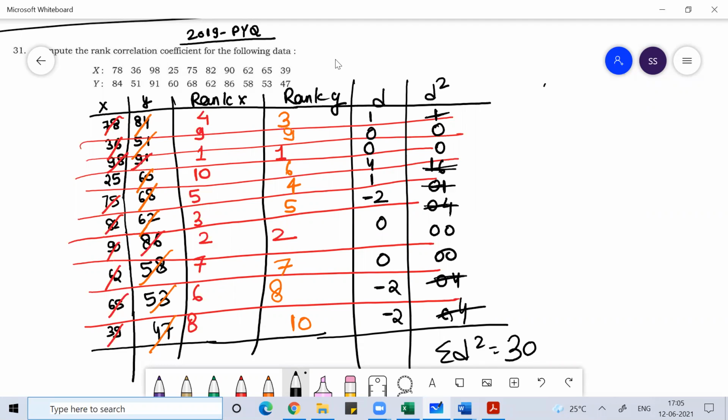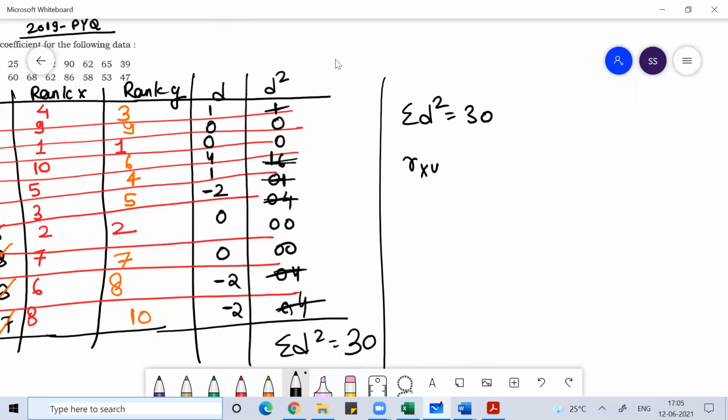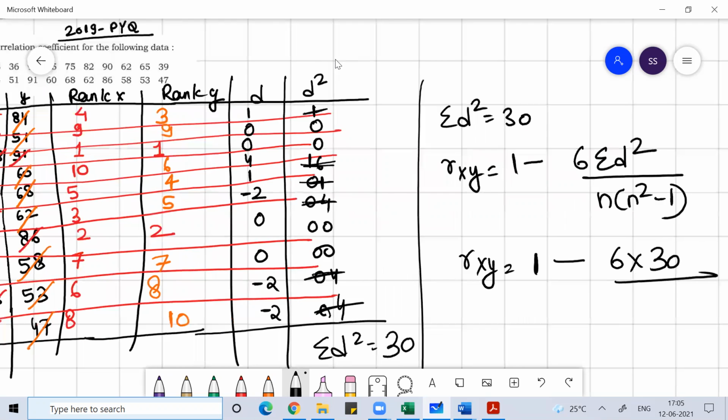So here you'll get sum of d square as 30. Then the value of r: r of xy equals 1 minus 6 sum of d square divided by n into n square minus 1. Sum of d square is 30 and n is 10, since 10 numbers are there.